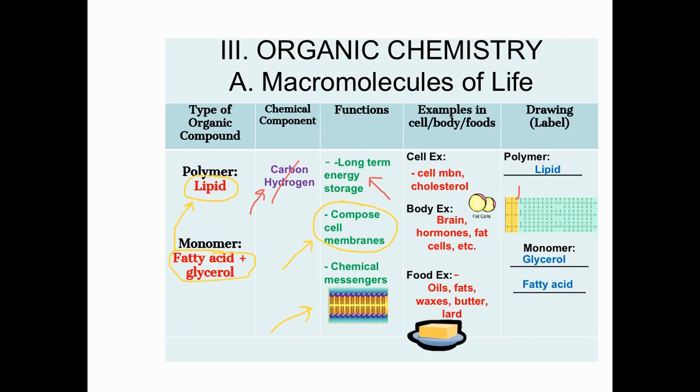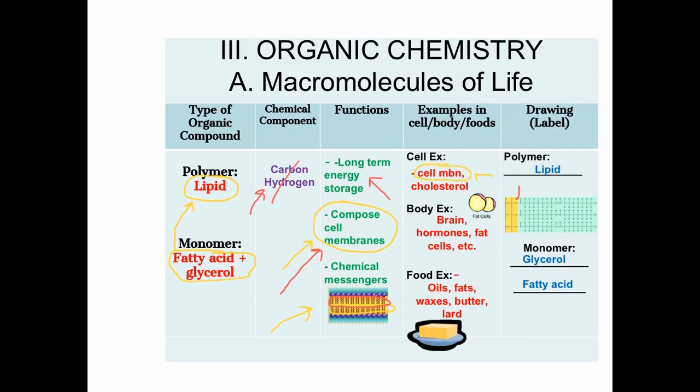So these little tails in the inside of your cell membranes, those are made of lipids. So your cell membranes are made of lipids. The only thing you need to know is lipids make up your cell membranes.